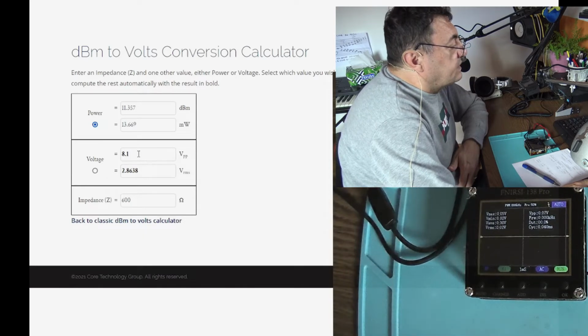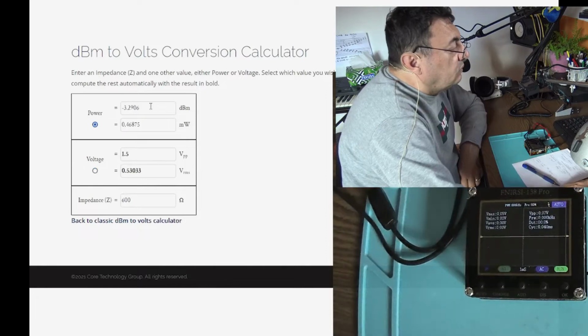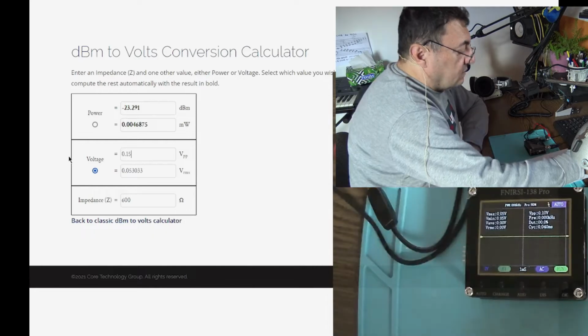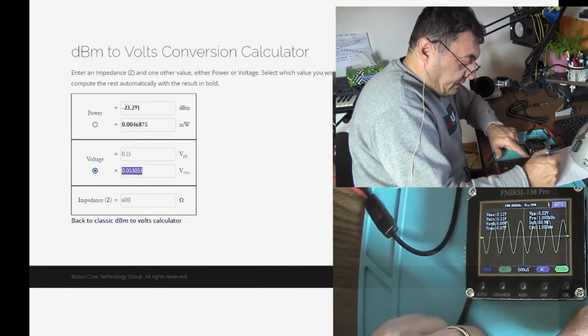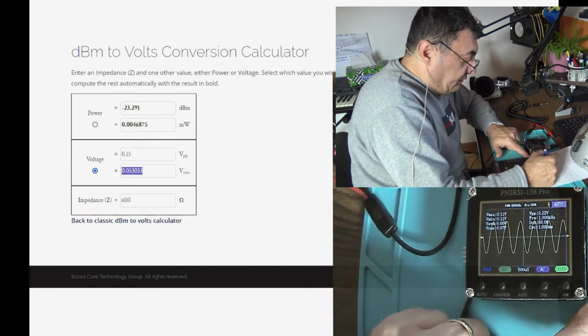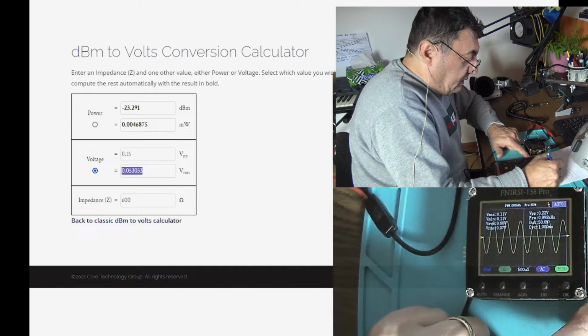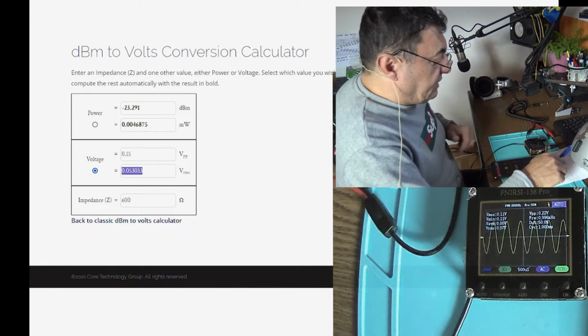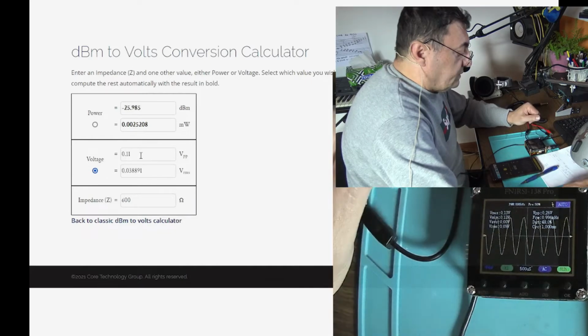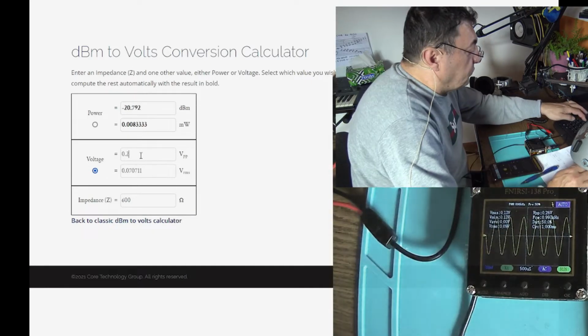But anyway, let's consider 1.5 volts. So we'll have 0.46 milliwatts, minus 3.2 dB. In my first situation, I had only 0.15, was it? So from the phone with maximum output and everything, I have Vpp 0.22, RMS 0.07 volts, and that means peak to peak 0.26.